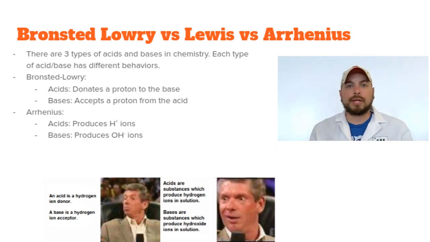Bases, by their nature, will increase the concentration of OH- in the solution. So again, Bronsted-Lowry and Arrhenius, two different acids or bases based on their behavior. However, they both have the same basic effect. The pH of an acid is going to be lower than 7. The pH of a base is going to be greater than 7.